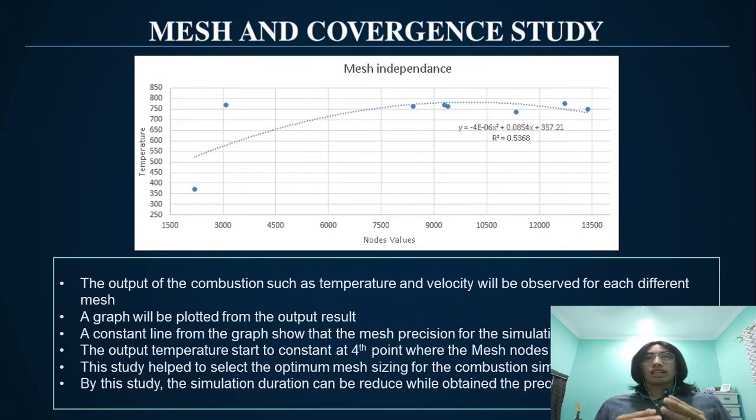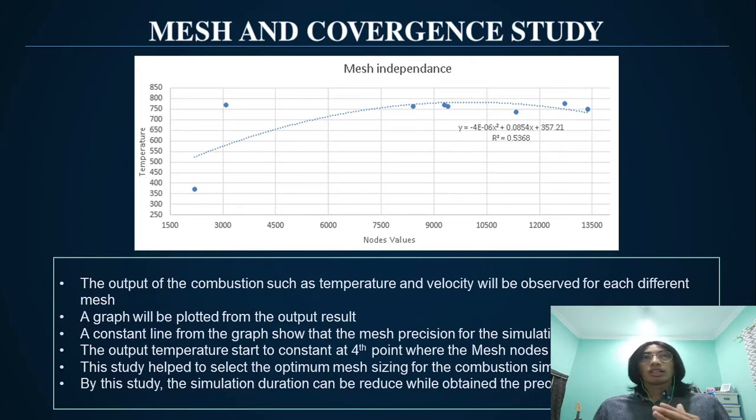A constant line on the graph shows the mesh precision for the simulation. As you can see from the graph, the output temperature starts to become constant at the 4th point, where the mesh node is 9393. This study helped to select the optimum mesh sizing for the combustion simulation.